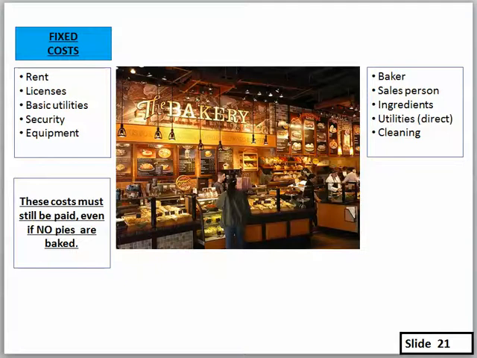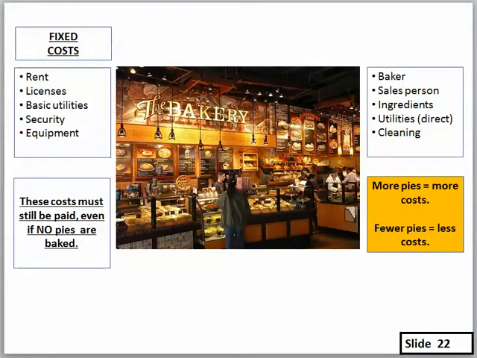Now, looking at the other side, we have ingredients and the labor for the baker, for salespeople. The utilities direct, this would be the extra gas to heat the oven when you're baking pies, the extra cost of electricity to run the freezer to keep your ingredients cold, those kinds of things. They relate directly to how many pies you're producing.